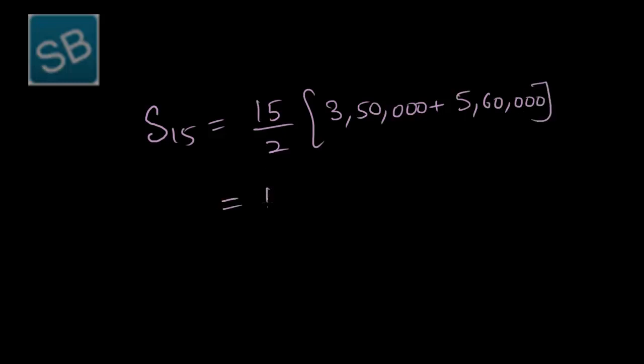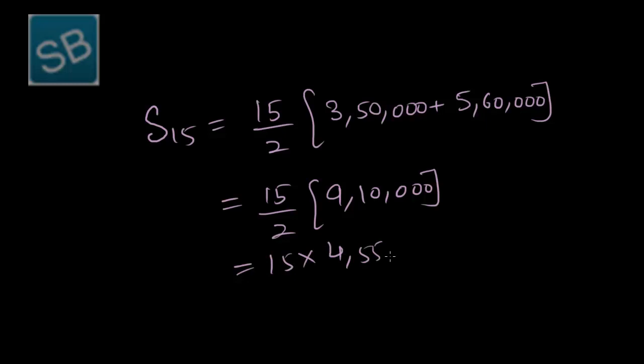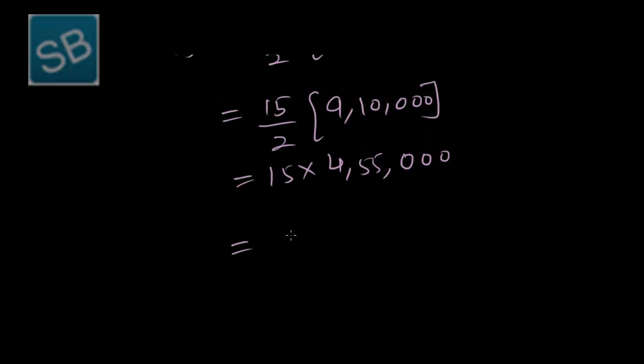So we get 15 by 2 into 9,10,000. So we get 15 into 4,55,000, and on multiplication we get 68,25,000. During the 15 years, he gets 68,25,000 income from his company. So this is all about the AP series, AP sequence and consecutive terms of AP.